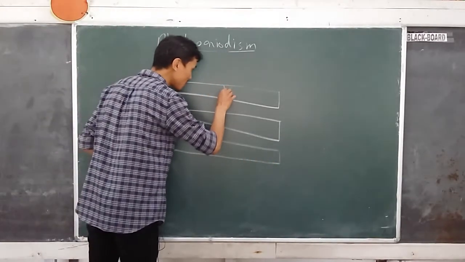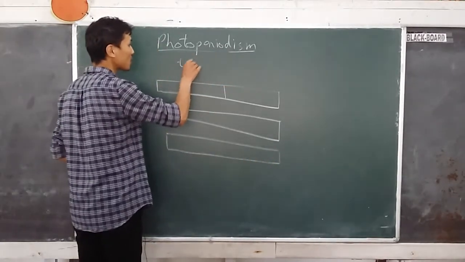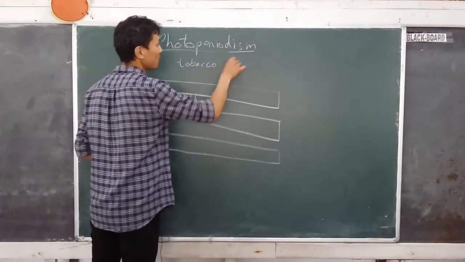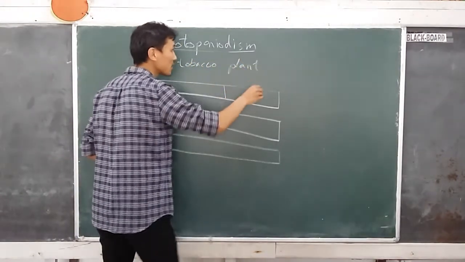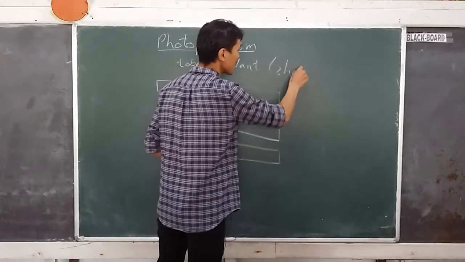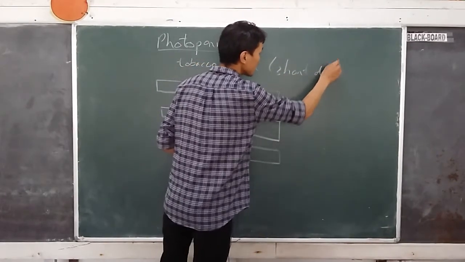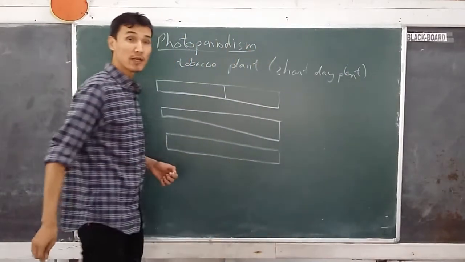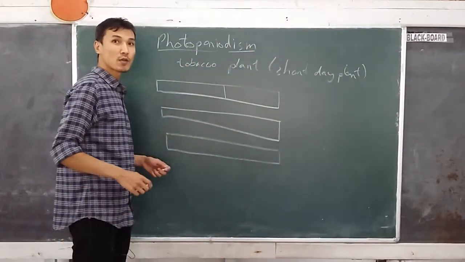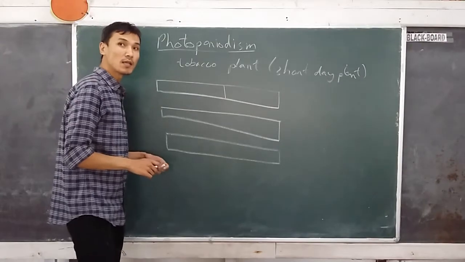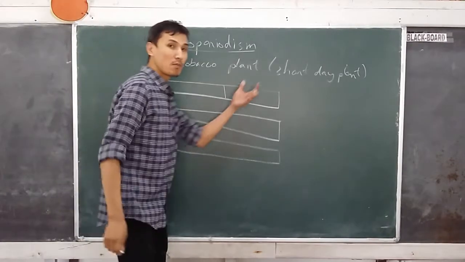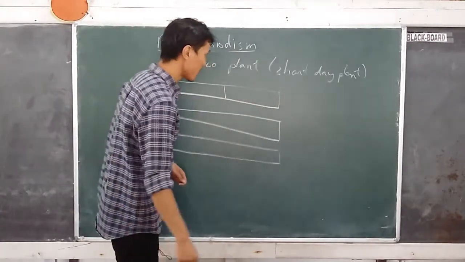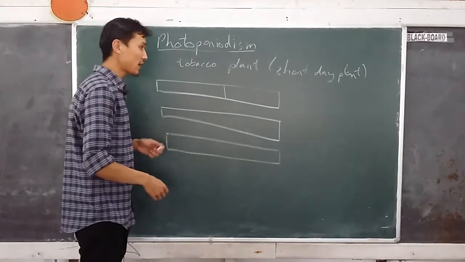So let's take this example of a tobacco plant. Tobacco plant is a short day plant. By short day plant, what it means is it requires less amount of light, but rather it requires a huge night period.